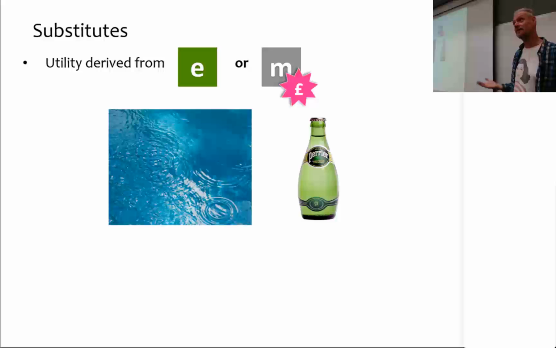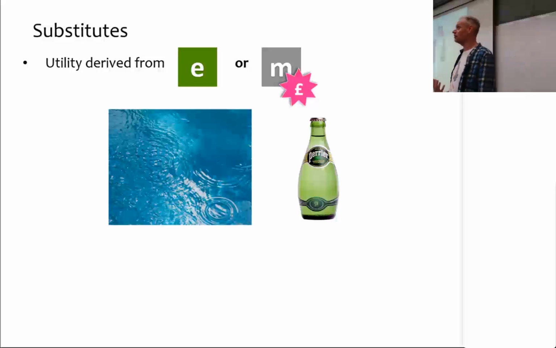You can drink water out of the stream or out of the tap. That's one option. If you don't trust the quality of that water, you think there's something fishy or something toxic in the water, then you can buy bottled water instead, assuming that the bottled water is kosher, right?